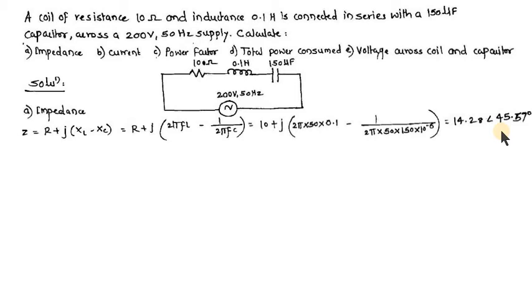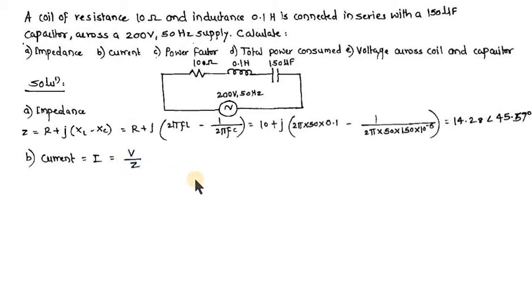Now once we know the impedance, this step is done. To find current, this impedance will help us, because dividing voltage by impedance gives us current. So current is voltage divided by impedance.